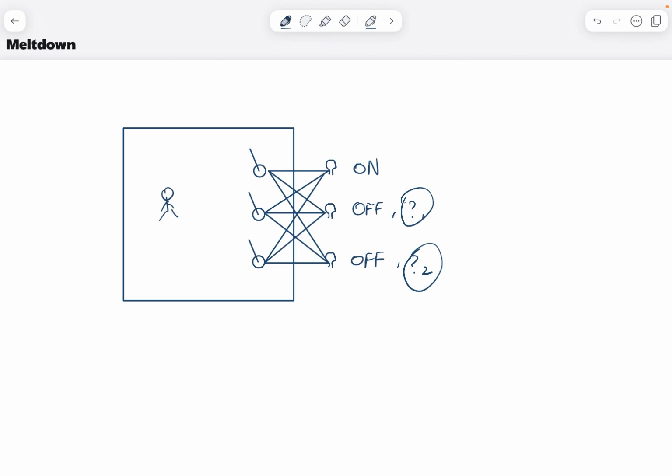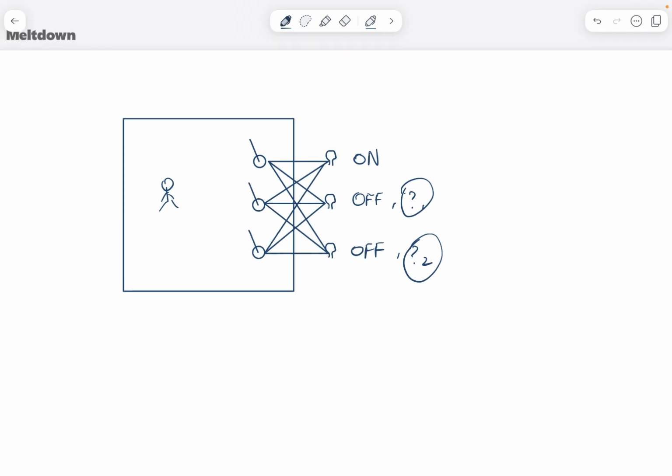But if you try to think outside the box, you're probably going to notice that light bulbs have not only one parameter, which is on and off, the illumination, but also the temperature.